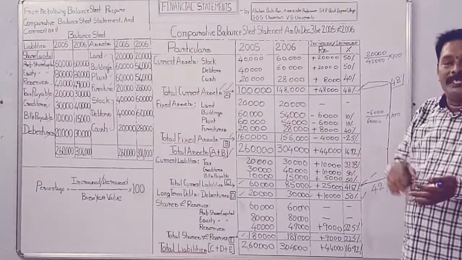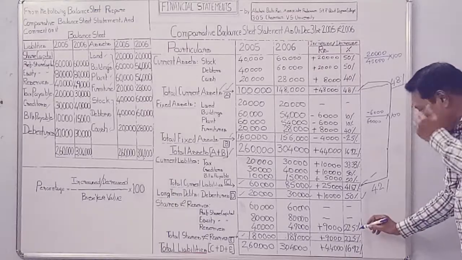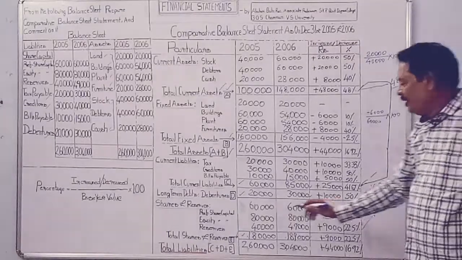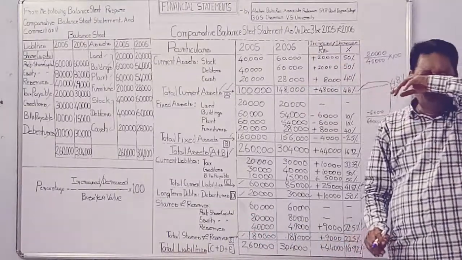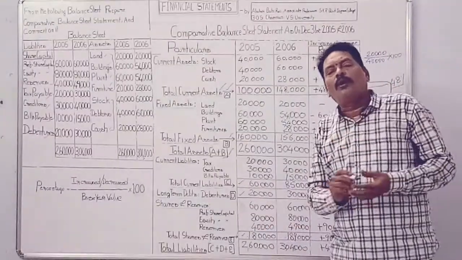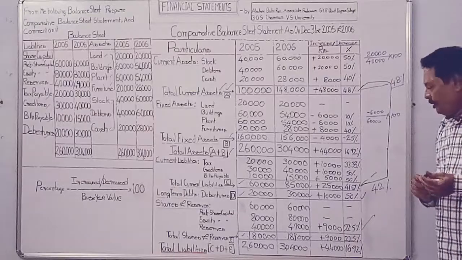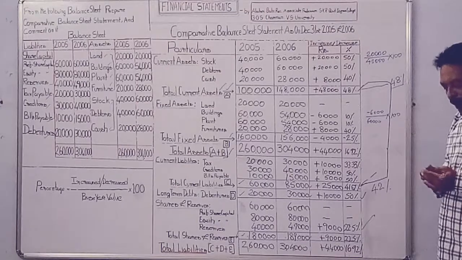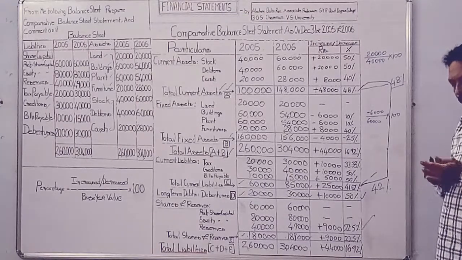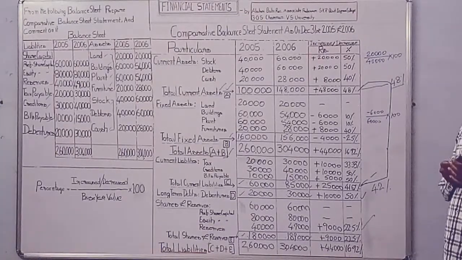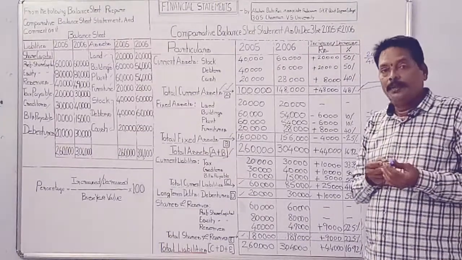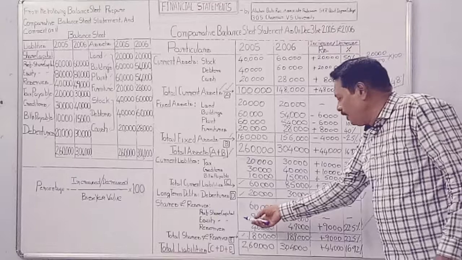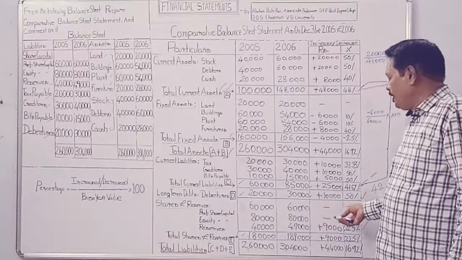So this may be the reason the reserves are 22.5% increased. Reserves are nothing but amounts reserved out of profits. When we get more profits, the company will preserve some reserves for a particular purpose. Here, preference share capital and equity share capital have no changes.